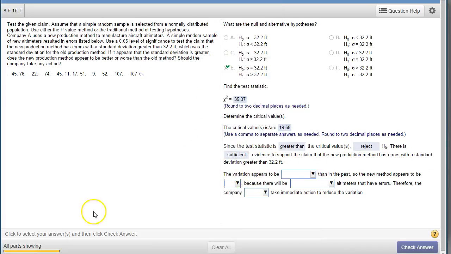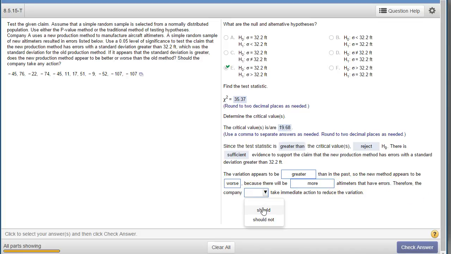The second part has us interpret what the results of our test tell us. Because the population standard deviation has gotten bigger, the variation appears to be greater than it was in the past. So the new method appears to be worse, because there will be more altimeters that have errors.